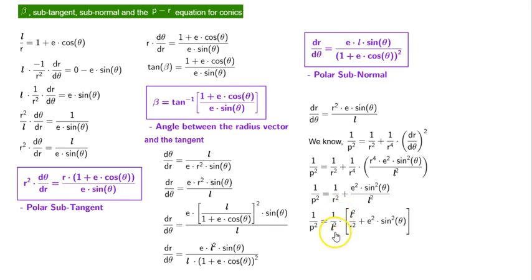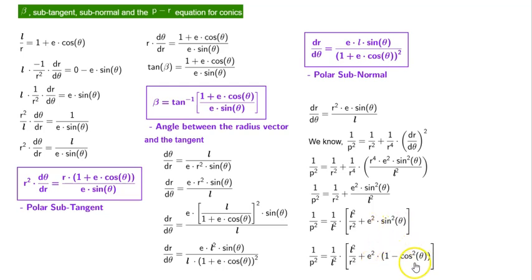Let's take out 1 by L square as common, so that in the first term inside the bracket, we get L square in the numerator and R square in the denominator, so that they cancel out when we multiply. Plus E square times sine square theta. So we have 1 by P square is equal to 1 by L square times L square by R square plus E square times sine square theta.